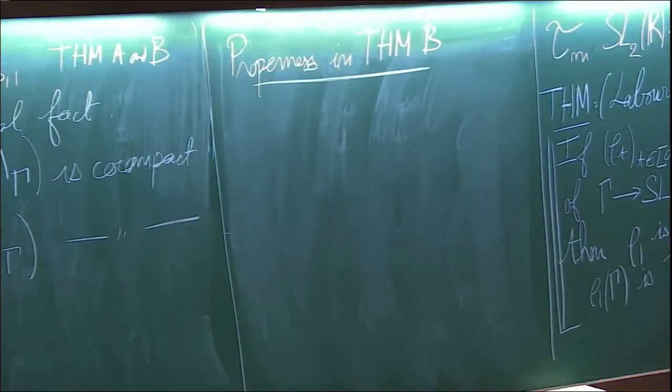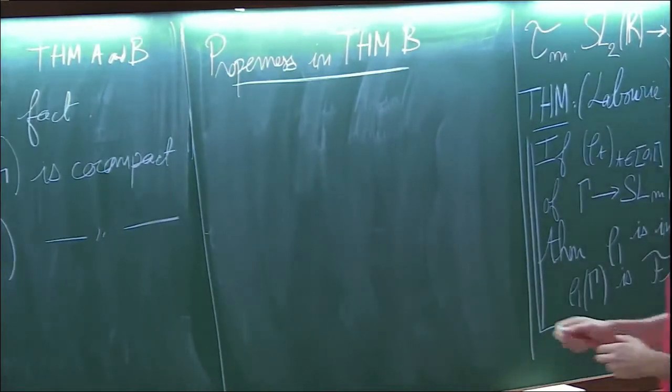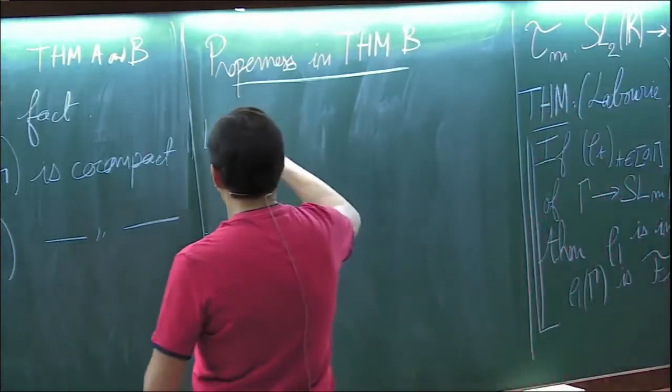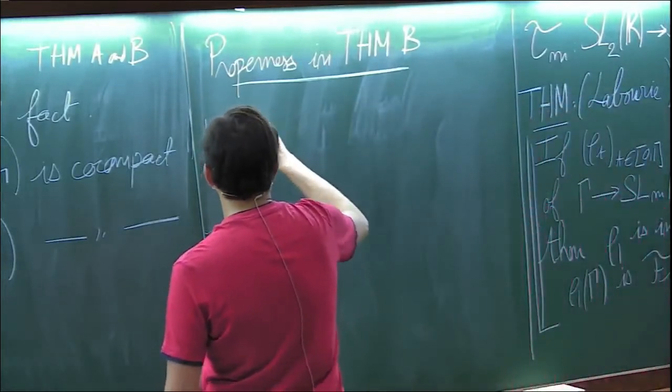It means that every compact set is moved off itself by all but finitely many elements. But I will use another characterization of proper action for a discrete group.